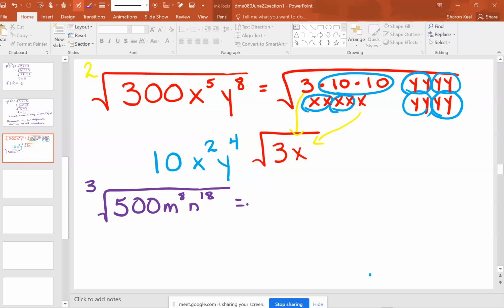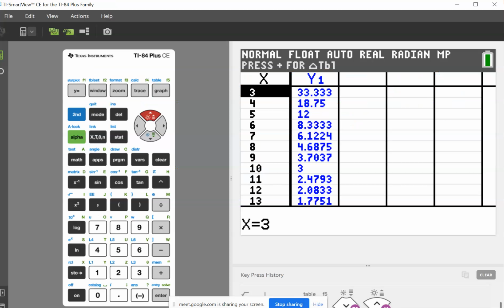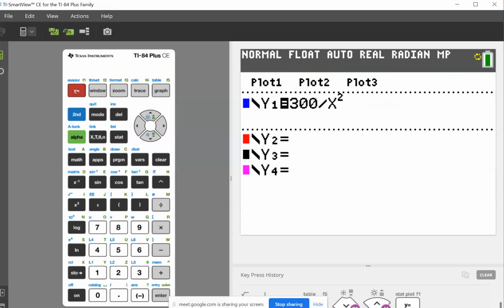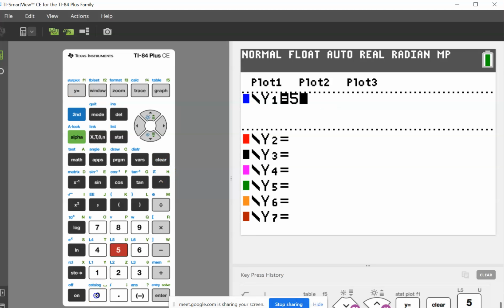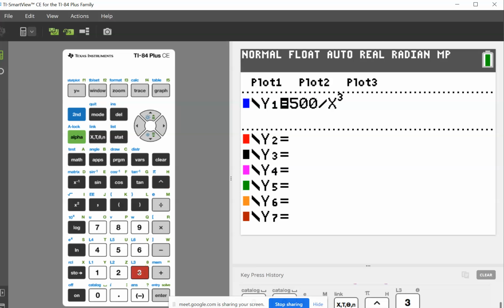Now let's not do this one longhand, okay? So we're going to take the 500 and do the cube root. So go to y equals, we're going to do 500 divided by x raised to the 3rd power.